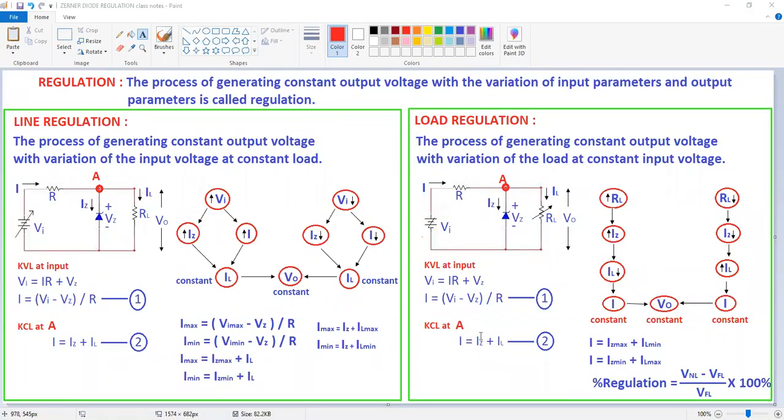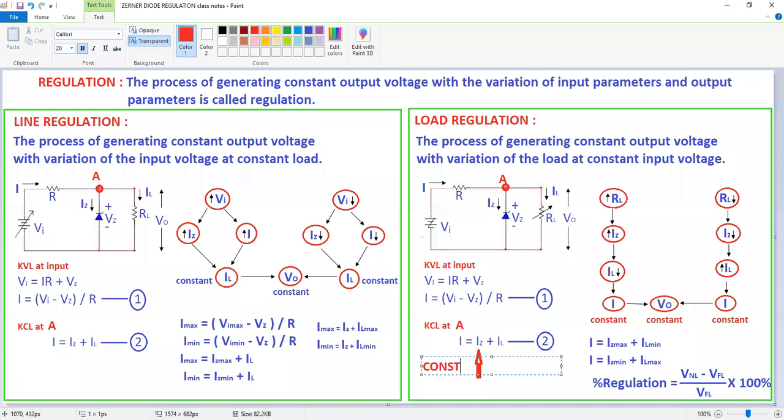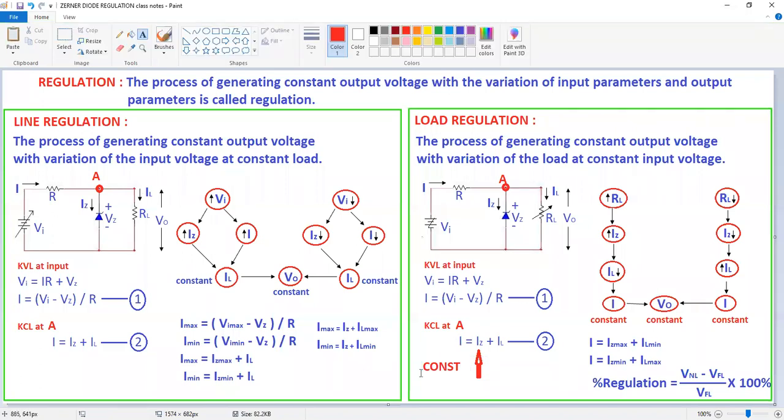In this equation, I is constant and IZ is increasing. To maintain this LHS as constant, IL must decrease.